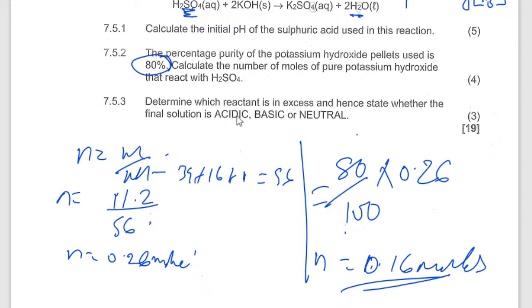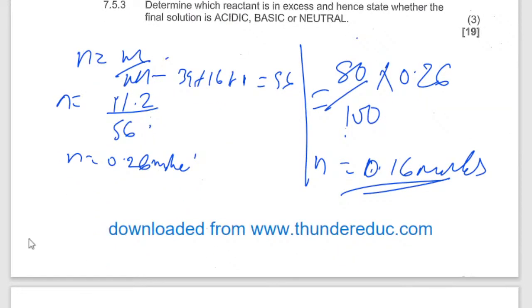Then they are saying to determine which reactant is in excess, hence whether the final solution is acidic or basic. To get how much is basic or acidic, how much is not the limiting reagent, you have to compare the number of moles of sulfuric acid to potassium hydroxide.